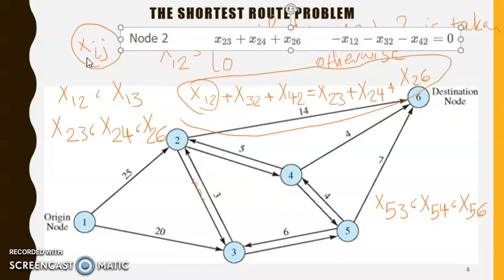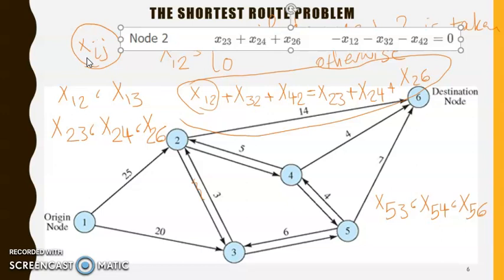And today we are gonna solve this model. The only important thing with these is that you need to make sure that you have covered all the variables and the signs are correct. The reason that we have here minus x12, minus x32, and minus x42 is that it brings all these three variables from the left to the right.